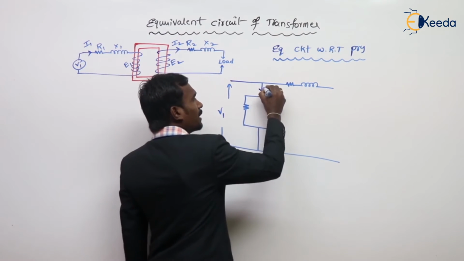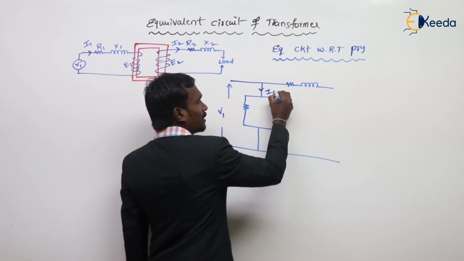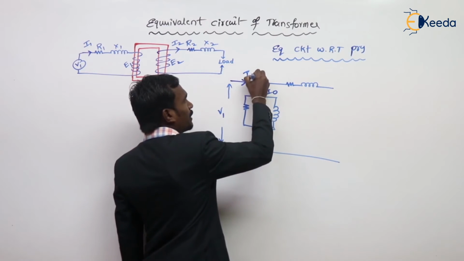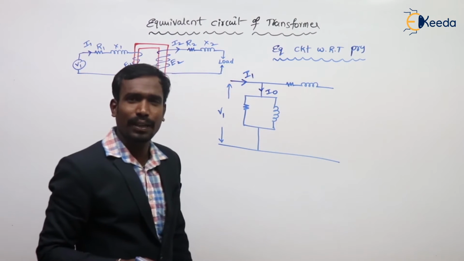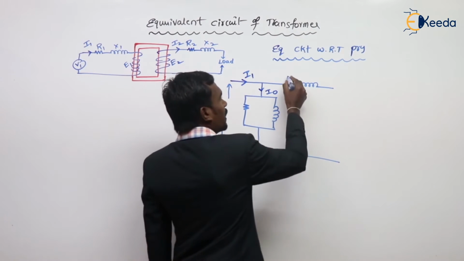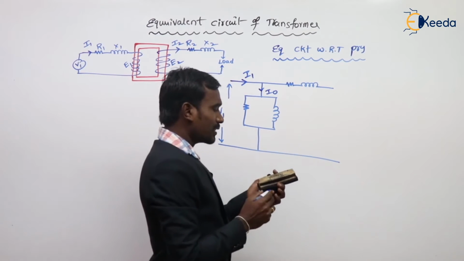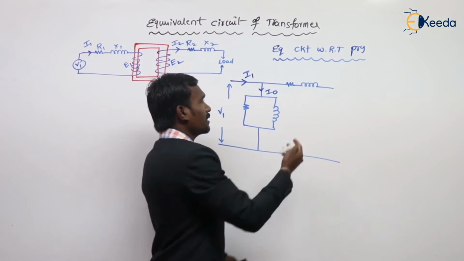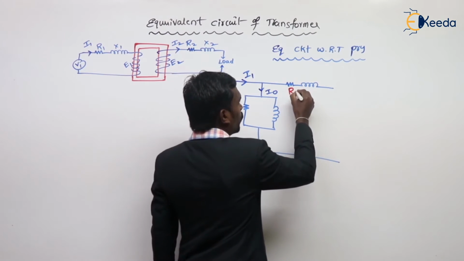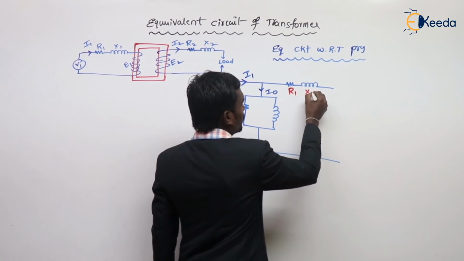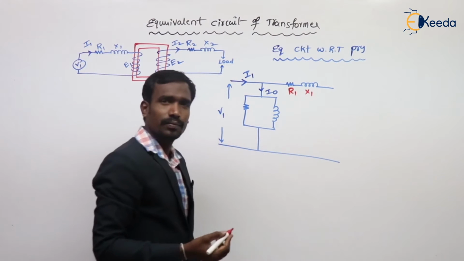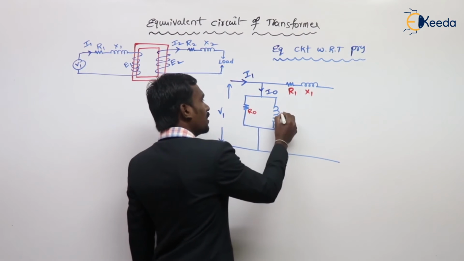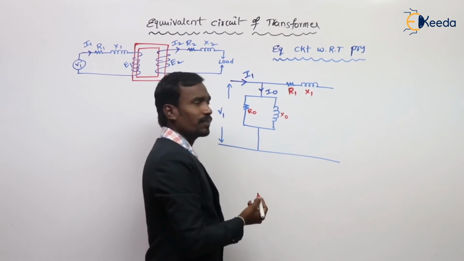Here the current is I naught, and here the current is I1, because in the primary the resistance is R1 and reactance is X1. Of course, you know that this is R0 and this is X0.